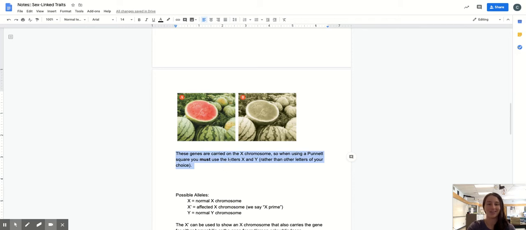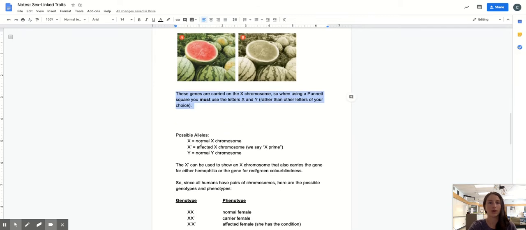that involve sex-linked conditions. When we're doing sex-linked conditions in Punnett squares, we have to use X's and Y's to specify which chromosomes. So here are our alleles. This is going to look a little bit different. We're not just using random letters that we're choosing. We're going to use a standard X as a normal, unaffected X chromosome.